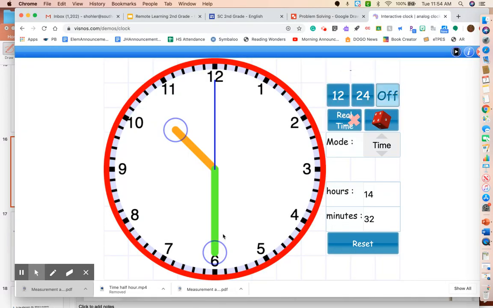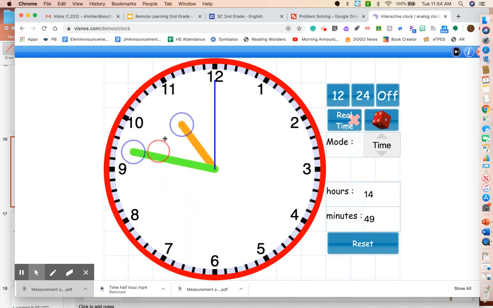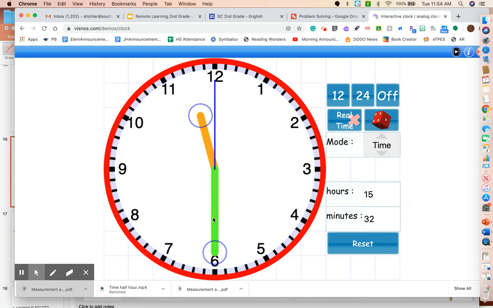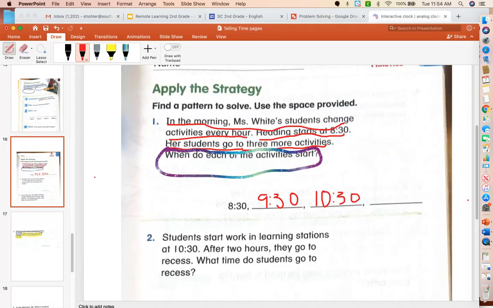We're at 10:30 and we're going to go all the way around another hour. What time is that? Looking at the hour hand and the minute hand. It should be 11:30. Whoa, that's a crazy 3. Don't make your 3 as crazy as I did. So we have 8:30, 9:30, 10:30, and 11:30.